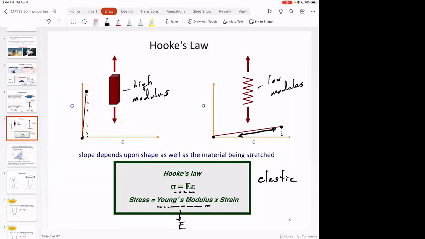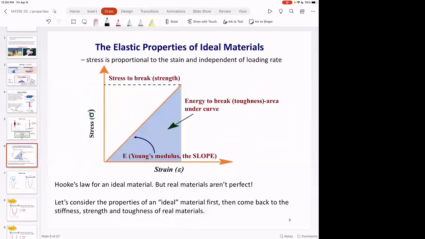And so this is the equation of a line. Remember, we have Y, we have X, and geez, that's not a very good Y. And the slope of that line is the Young's modulus. That is the definition of Young's modulus.